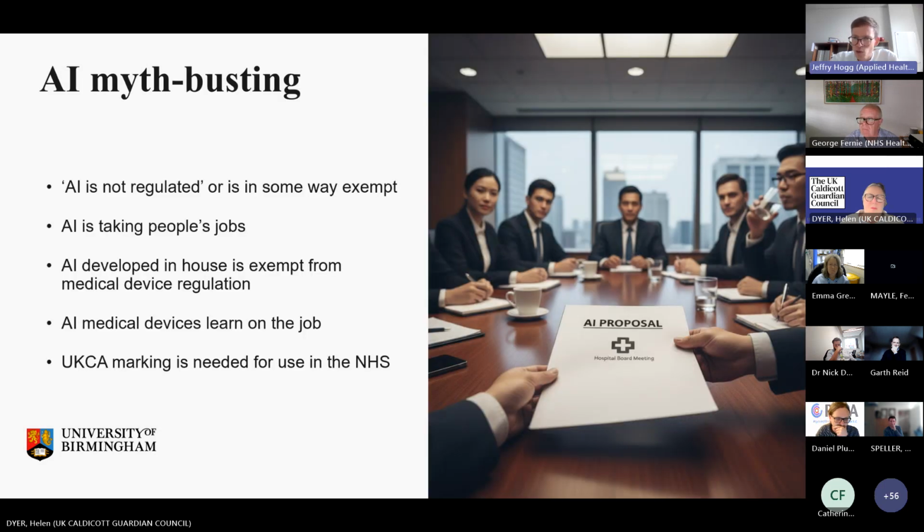So quickly, I'll just nip through a few AI myths that I often bump up against in the ecosystem. Particularly from innovators, you hear that AI is not regulated or is somehow outside the regulations, which is just not the case. It's just that perhaps the other sectors in which AI is being employed, and some of the stakeholders behind it, don't have the same regulations, so they're not so familiar with what's in place.